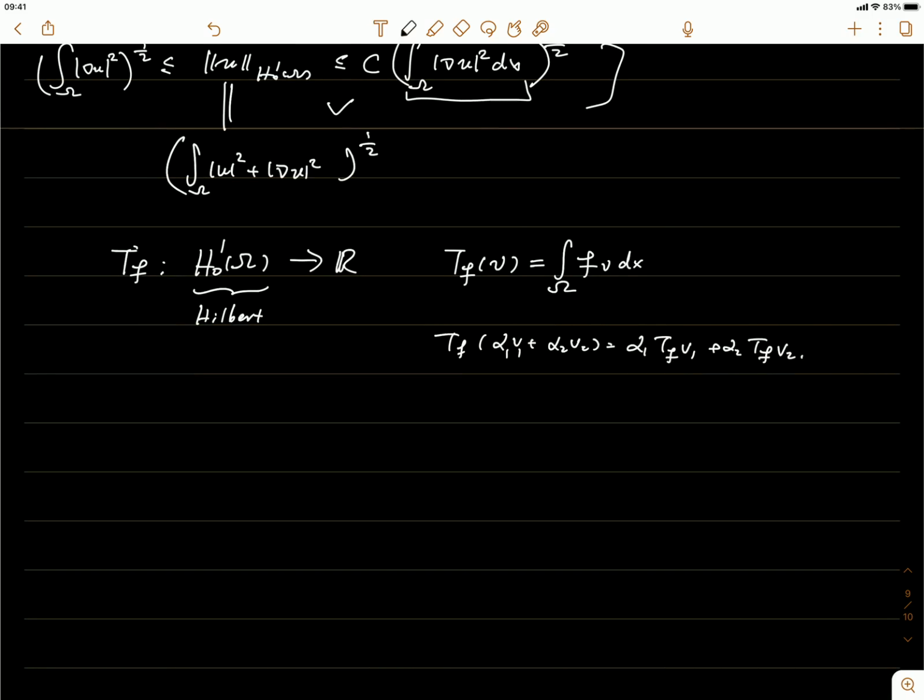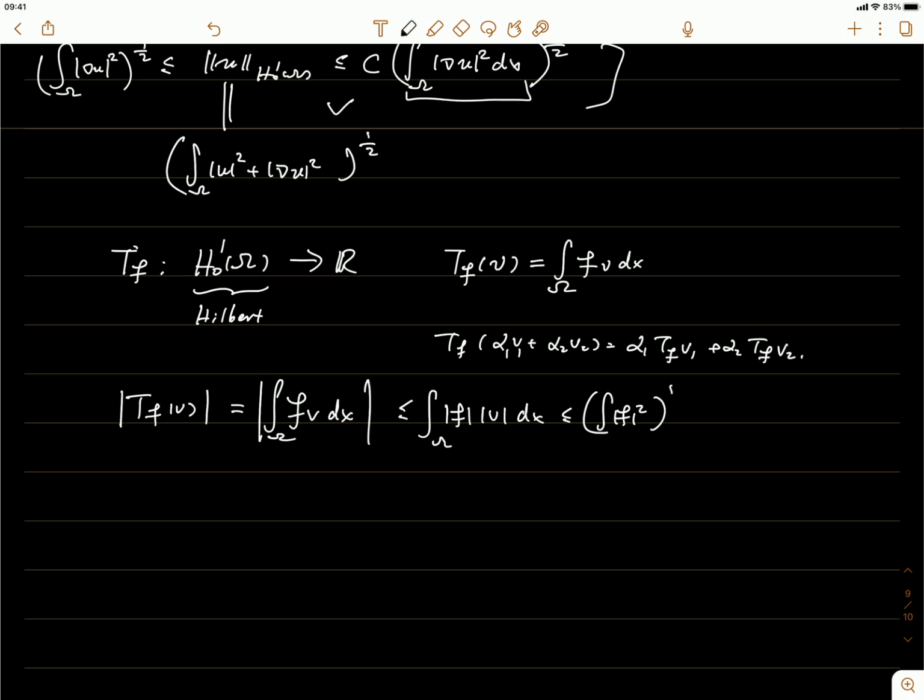Okay, and also it is bounded. I'm going to show that this linear functional is bounded. Why is that? Because we look at the absolute value, which is just this, and now you know this is less than or equal to the integral of |f v| dx. And apparently you can use the Cauchy-Schwarz inequality. This becomes the integral of f squared to the 1/2 times the integral of v squared dx to the 1/2.